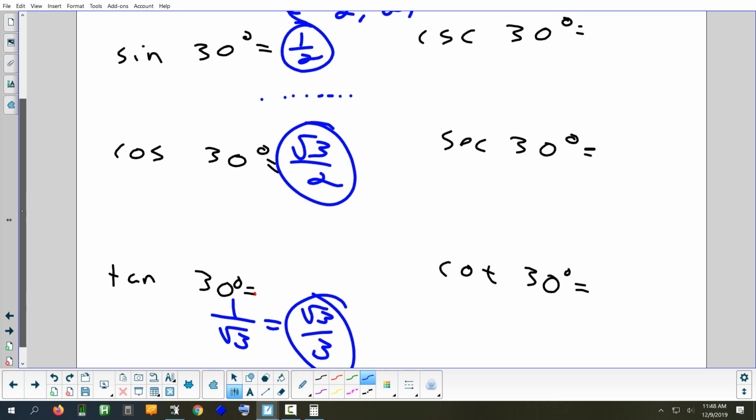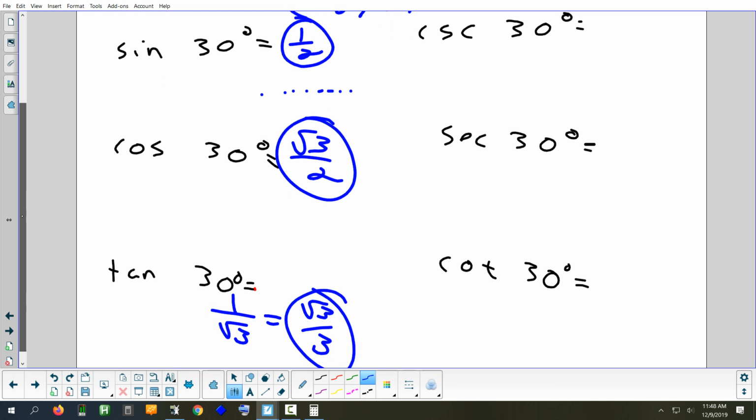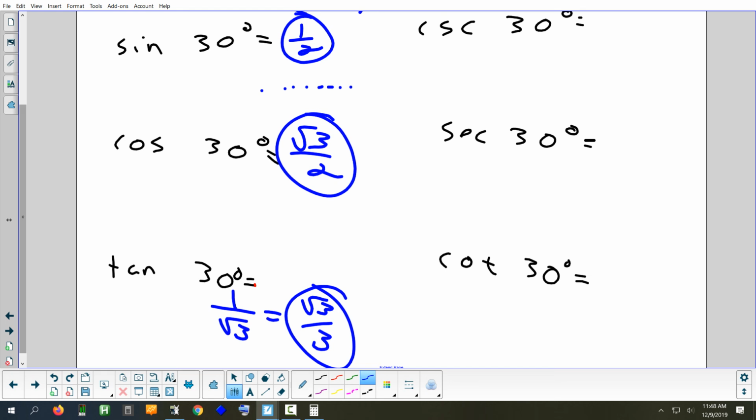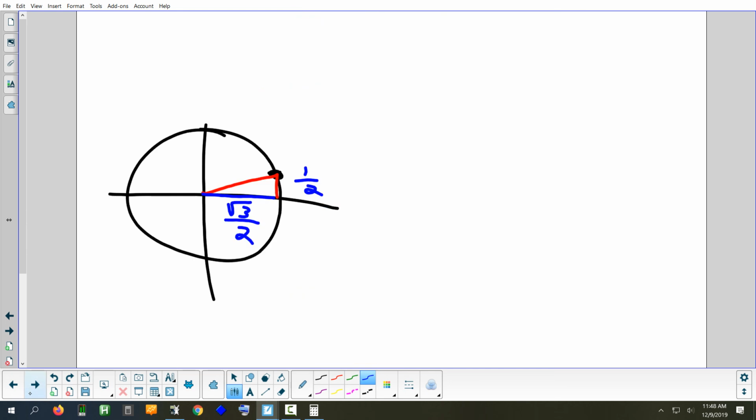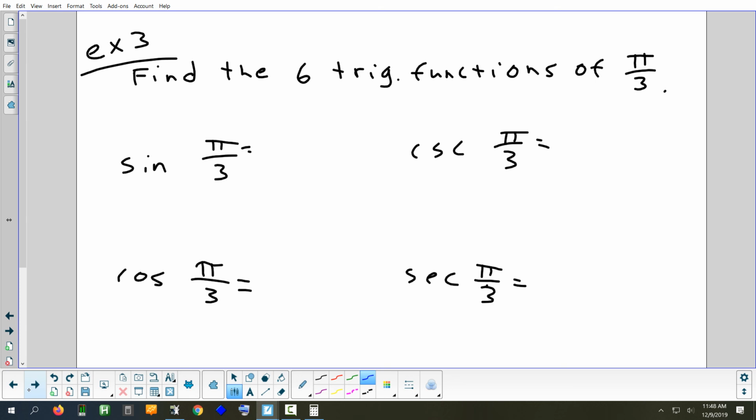And to get the other 3, you would flip them. Let's look at this one. Pi over 3. Remember what we did in radians. Pi is 180. So what's 180 divided by 3? 60.